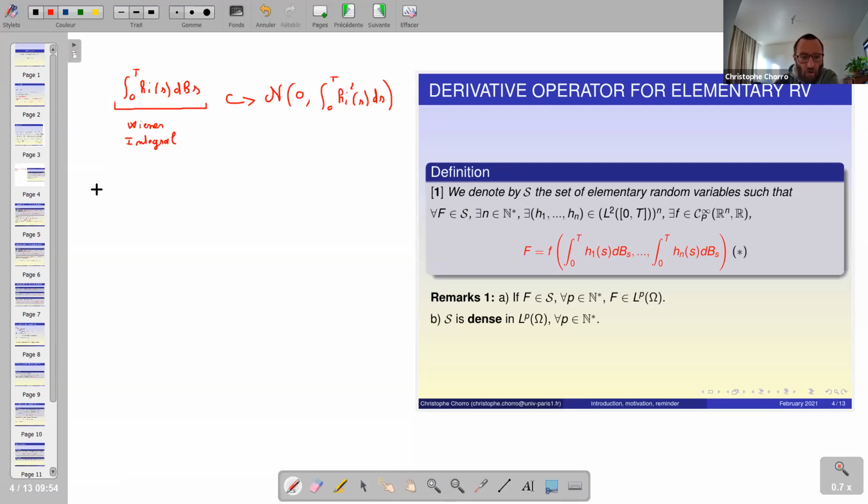What is more, using the linearity of the Wiener integral, I have here a Gaussian vector.